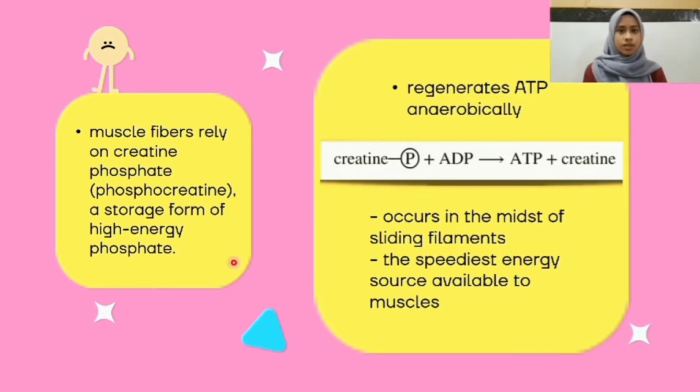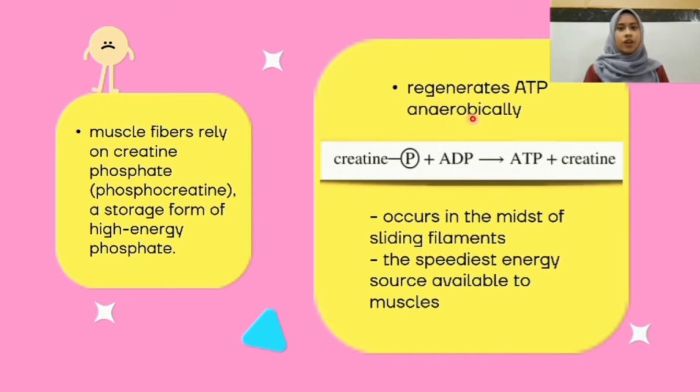Although muscle cells contain myoglobin, a molecule that stores oxygen, cellular respiration does not immediately supply all the ATP that is needed. In the meantime, muscle fibers rely on creatine phosphate, which is a storage form of high-energy phosphate. Creatine phosphate cannot directly participate in muscle contraction.